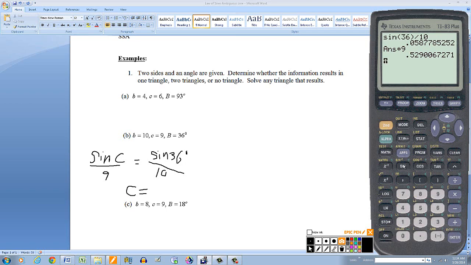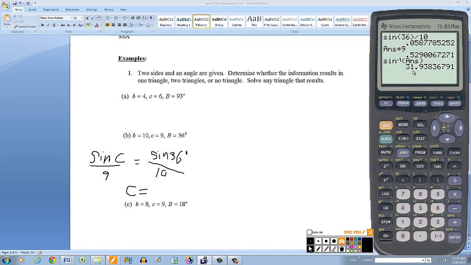Okay, so I'm going to do this. Second, sine inverse, and I want sine inverse of the previous answer, so I just go to second, answer, and hit enter, and I get 31.94.